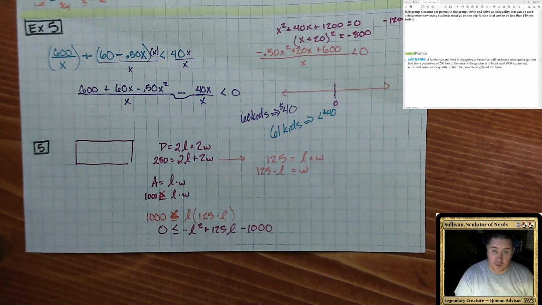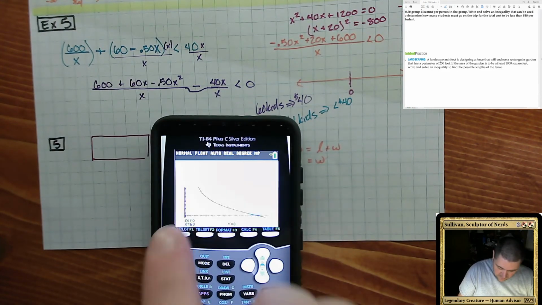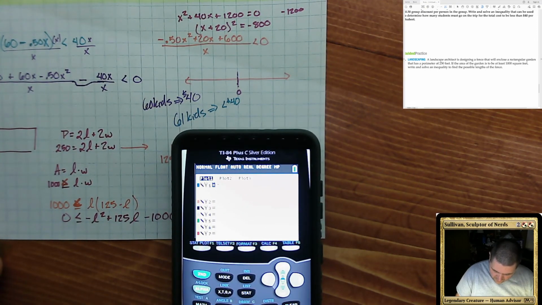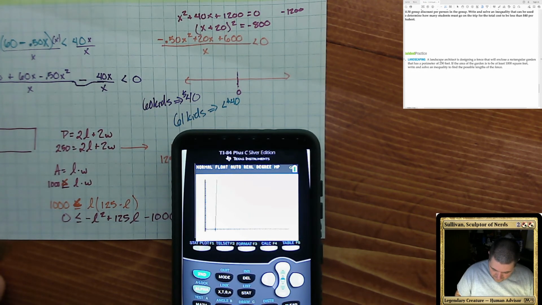I can either solve, not 100% sure if that's factorable, or head back to my handy-dandy calculatron. Y equals negative x squared plus 125x minus 1,000. Graph it. Huh.